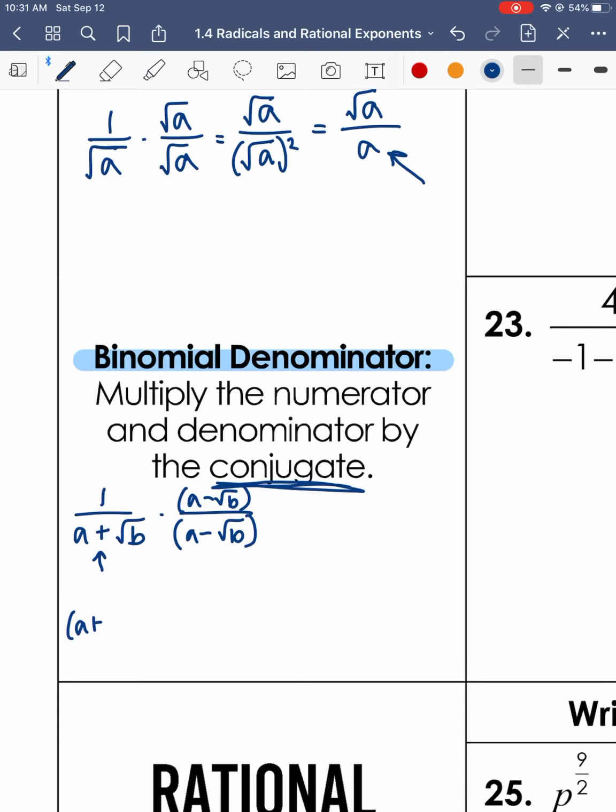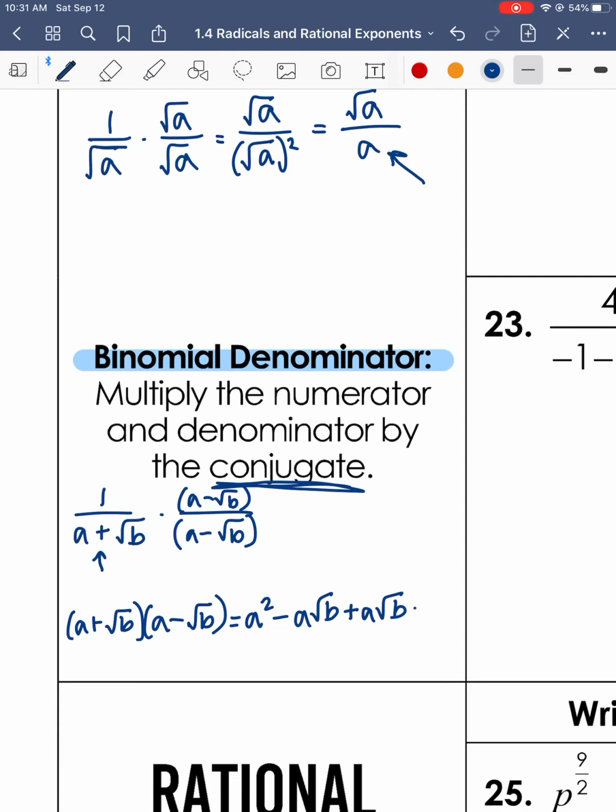Okay, so if we have a plus the square root of b times a minus the square root of b, let's do our FOIL. So the first 2 terms would be a times a, which is a squared. The outer, we're going to get minus a root b. From the inner, we're going to get plus a square root of b.